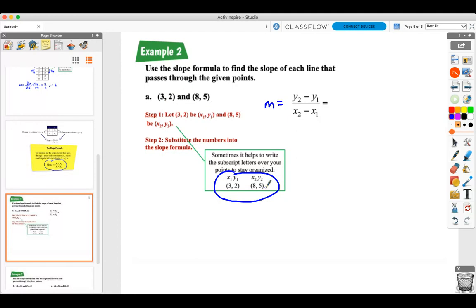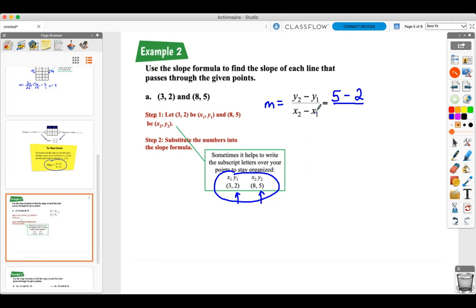So let's do this. y2, if you look at it over here, is 5. So y2 minus y1: 5 minus, and y1 is 2. So that's where you're getting it from here. That's y2, and that's y1. Okay?